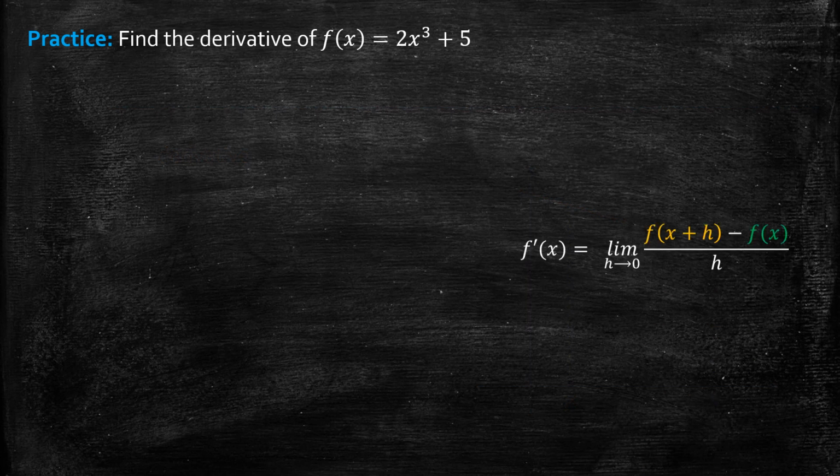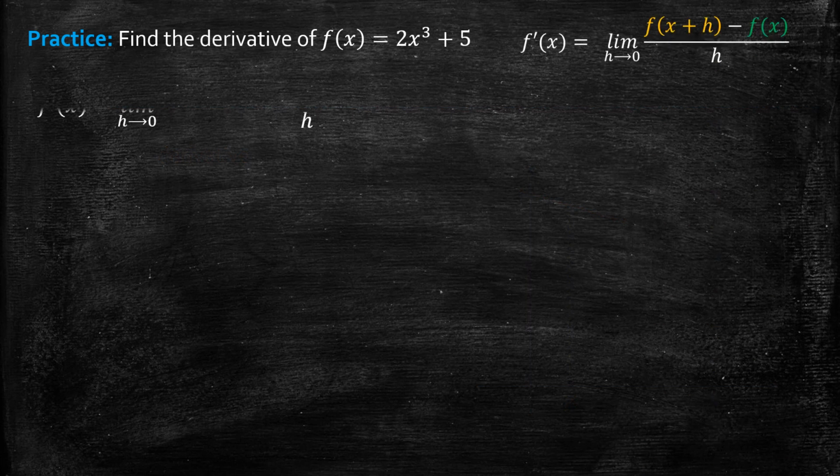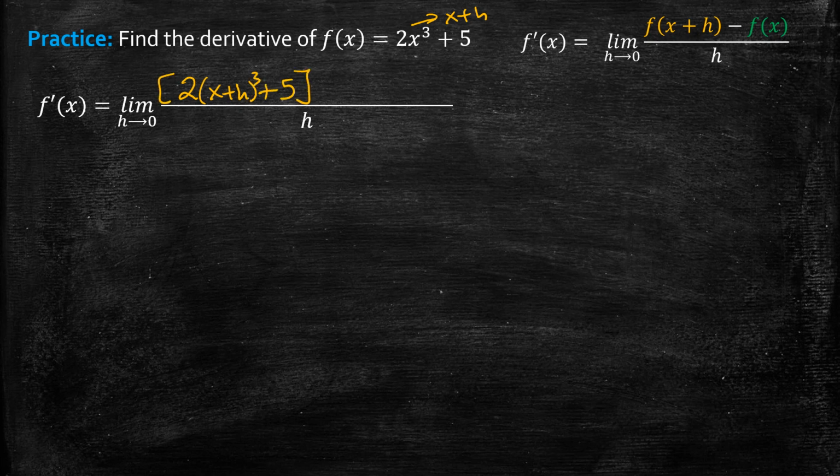So let's practice using the derivative formula to find the derivative of this cubic function. The first thing we need is f of x plus h. Remember, that means replacing x with x plus h in this function. So (x plus h) cubed plus 5. We're going to put brackets around there just to be safe, and we're going to subtract out f of x, which is just this.